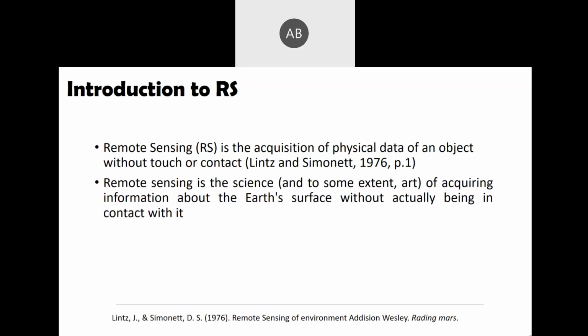If you build the same kind of sensor and mount it on a balloon, suppose a hot air balloon flying above the earth and capturing photographs, that will also be under the purview of remote sensing. Or if you mount a camera on your motorbike and drive it across the streets in your hometown, taking photographs, you are doing remote sensing.